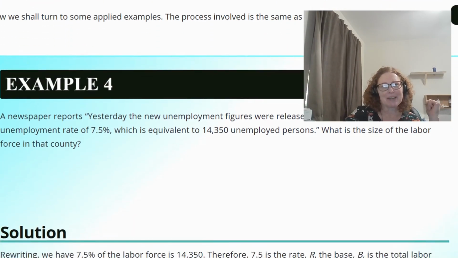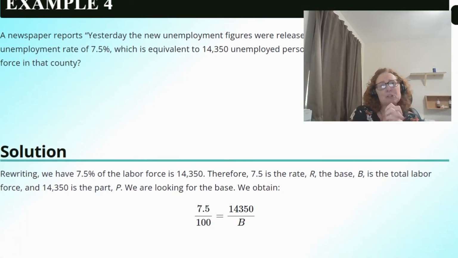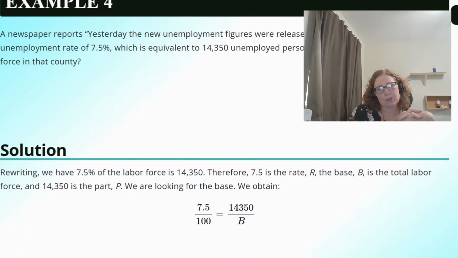So here we go. A newspaper reports yesterday the new unemployment figures were released, showing a county-wide unemployment rate of 7.5%, which is equivalent to 14,350 unemployed persons. What is the size of the labor force in the county?